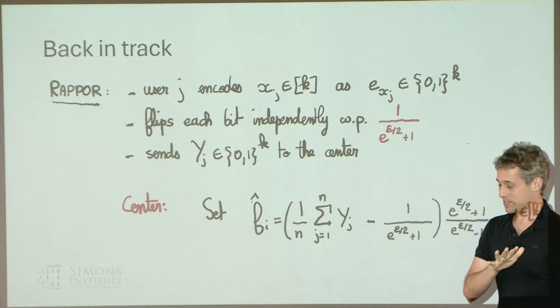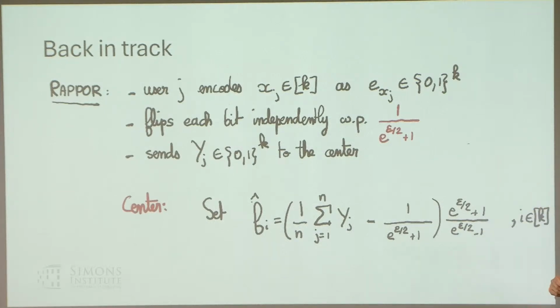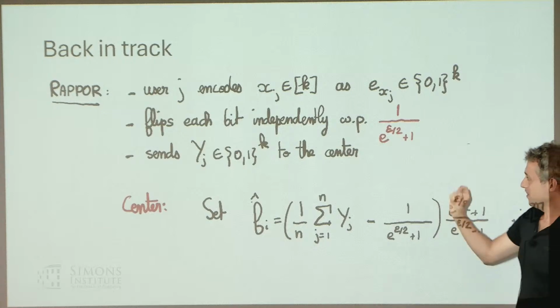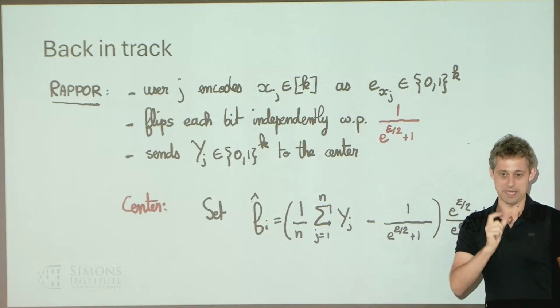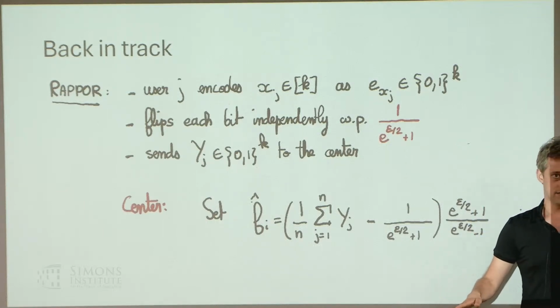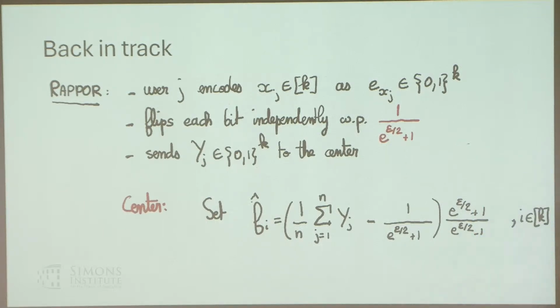This is not the most efficient encoding, but what I can do after that is one thing we really know how to do in privacy: flipping bits. So you flip each bit independently with that beautiful probability, 1 over e to the epsilon over 2 plus 1, and that ensures privacy. Now you have a very noisy long vector, and you can just send that. It guarantees things are epsilon private.